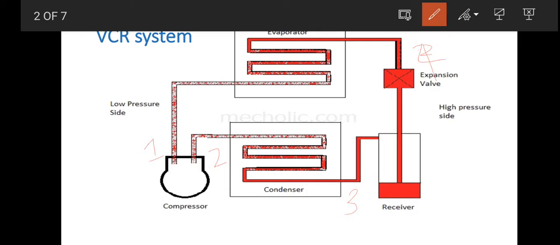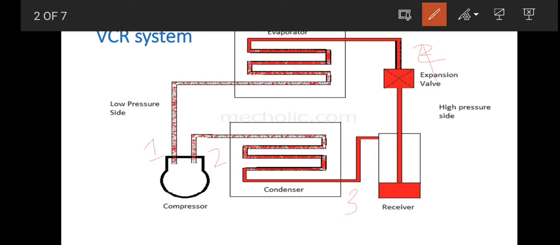After the expansion valve, this liquid and some part of vapor refrigerant is supplied to the evaporator, and in the evaporator the evaporation takes place. That means the low pressure, low temperature refrigerant will absorb the latent heat of evaporation from the surrounding space and be converted into gas form. So this is the evaporation process, and in that the heat absorption takes place.